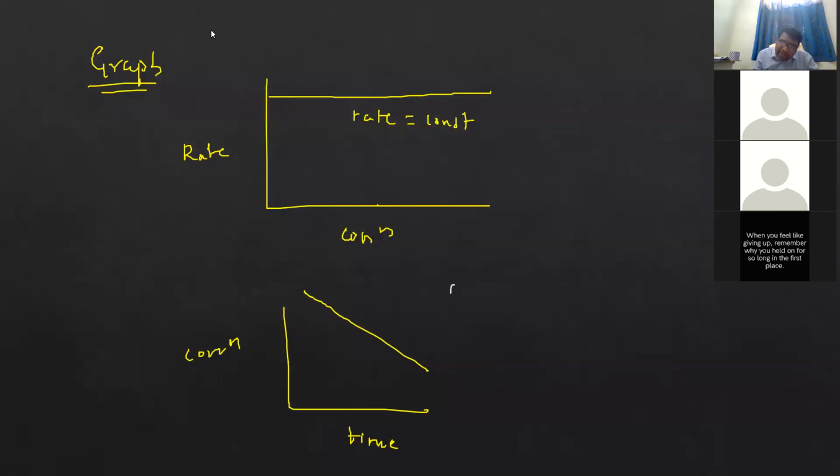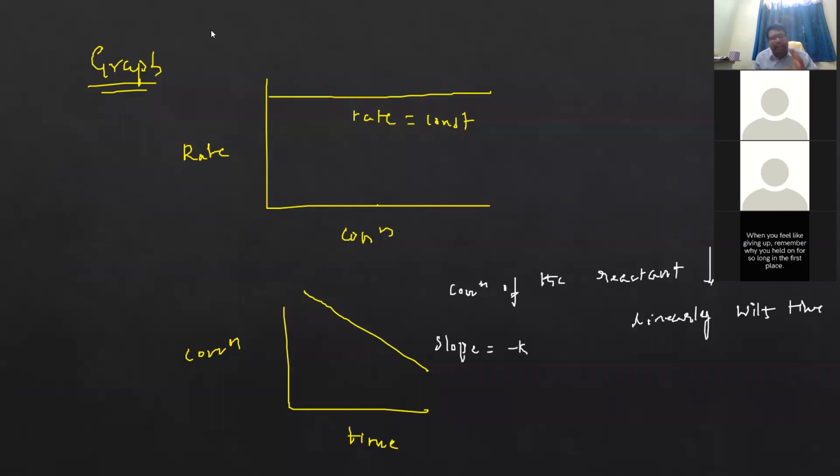Here the slope is equal to minus K. In this graph, the slope will be minus K. So observing this equation, K is equal to R naught minus R by T.